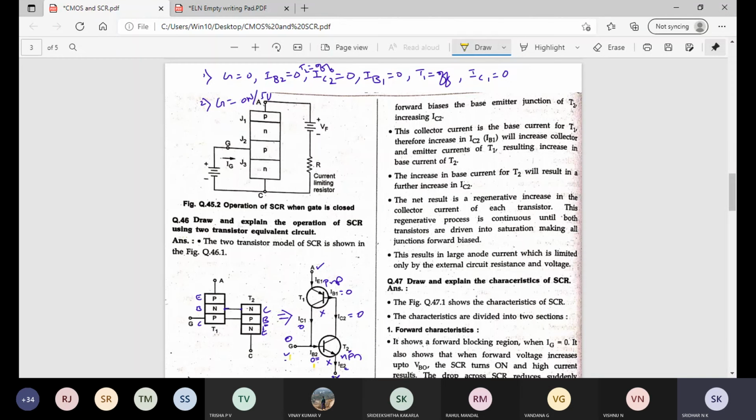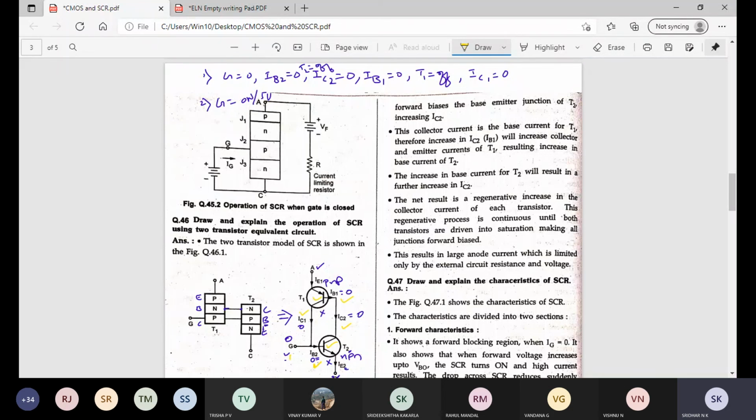If this is on, there will be collector current, and the same collector current is equal to IB1. Transistor is on, so IC2 is present. If IC2 is present, obviously IB1 will be present. If IB1 is present, transistor 1 will be on. If this is on, there will be IC1 also.